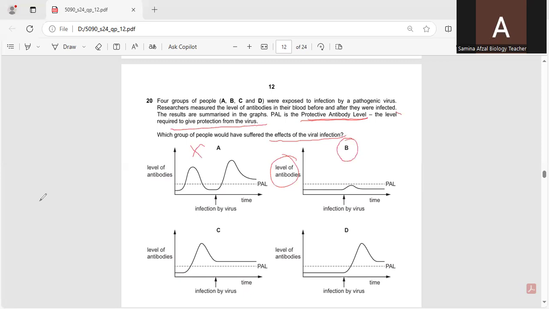And in C, again, the level of antibodies is higher than the PAL, and in D as well. So only B is the correct option, in which the people have suffered the effects of the viral infection because their level of antibody is lower than the protective antibody level.